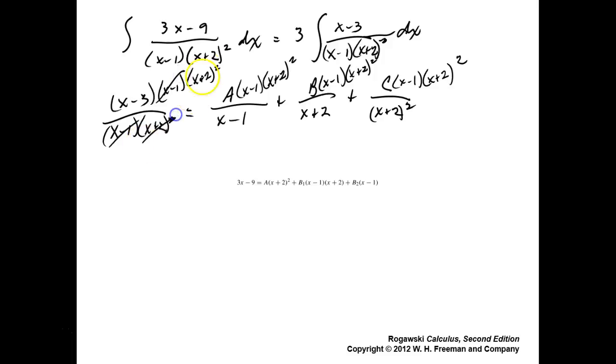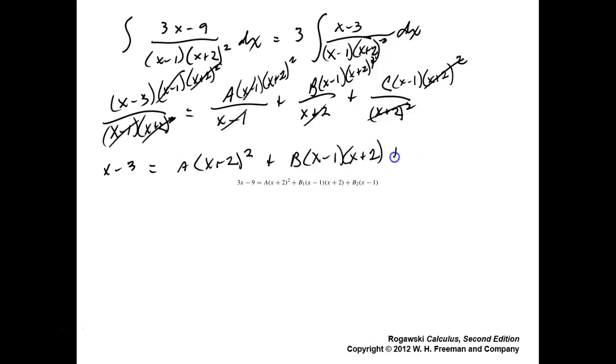The x minus 1s go out, the x plus 2 squareds go out, and everything's gone but x minus 3, which is what you had to begin with. That's equal to A times x plus 2 squared, plus B times x minus 1 times x plus 2, plus C times x minus 1. You got rid of all your denominators, the big one and all the little ones.